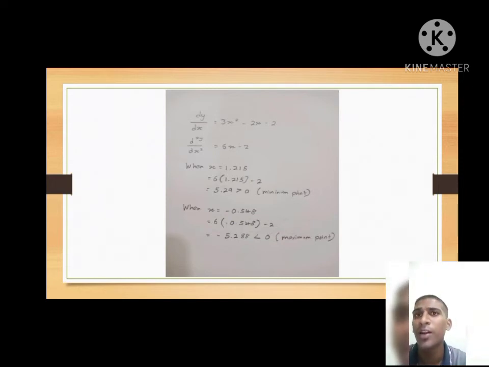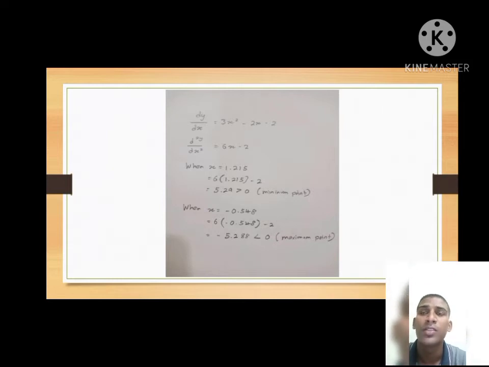To find the minimum point and the maximum point, we use the second differentiation. So how do we convert our equation to the second derivative? Our equation is 3x square minus 2x minus 2.